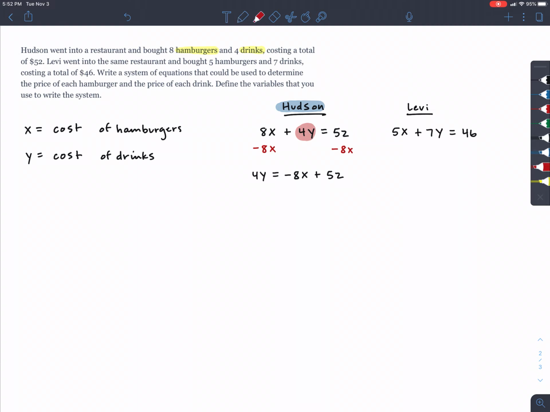And because I want to isolate y, I'm going to divide everything by 4. And that leaves me with y is equal to negative 2x plus, and I'm going to need to use my calculator for 52 divided by 4. So 52 divided by 4 ends up being 13.